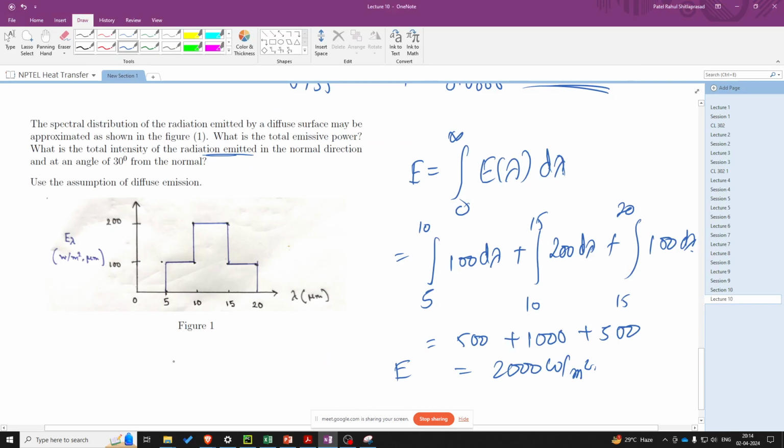So IE will become E by pi, that is 2000 upon 3.141, which will come around 637 watt per meter square per steradian. So that is our final answer.